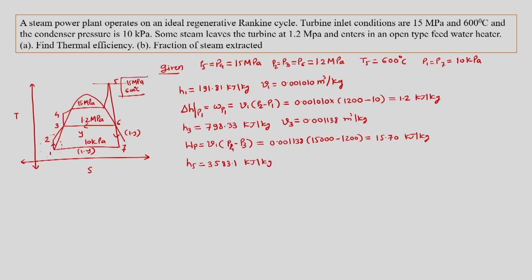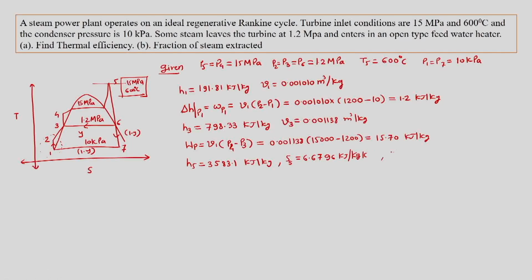So, we should go into the superheated part of the steam table and find H5, but parallelly we will also note S5. S5 will be 6.6796 kilojoule per kg Kelvin.